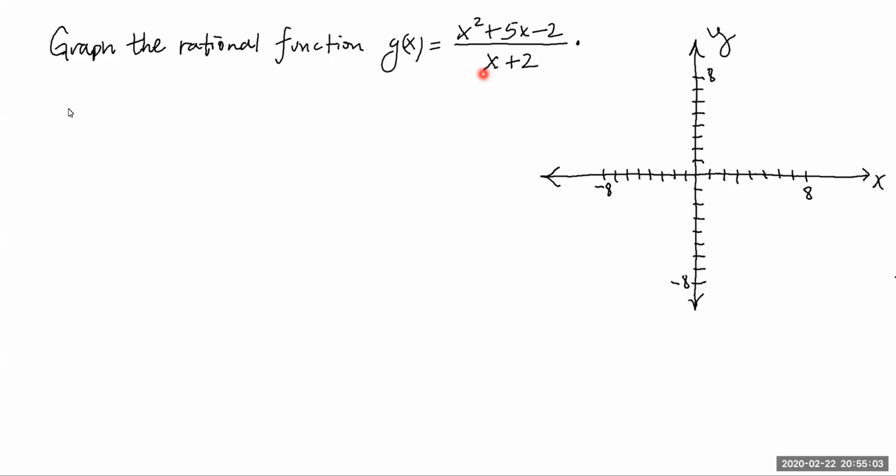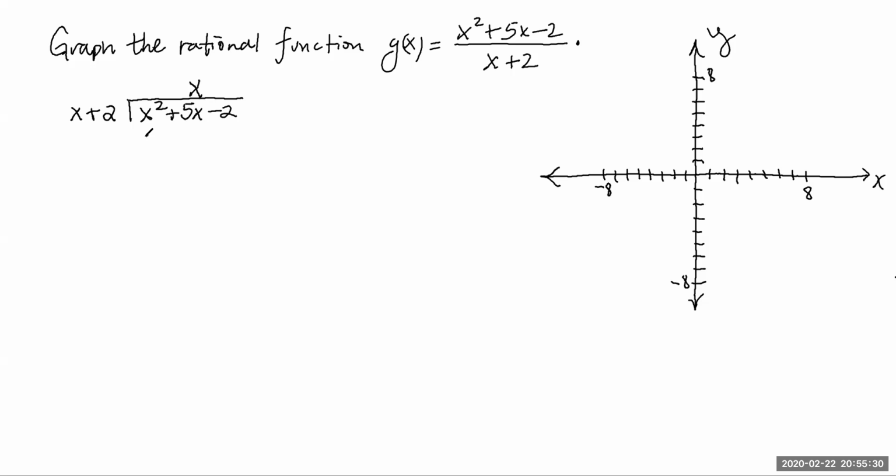Let's put x plus 2 as our divisor. And now we're going to go ahead and perform division to find our slant asymptote. So, about how many x plus 2's does it take to get an x squared? We just need an x.